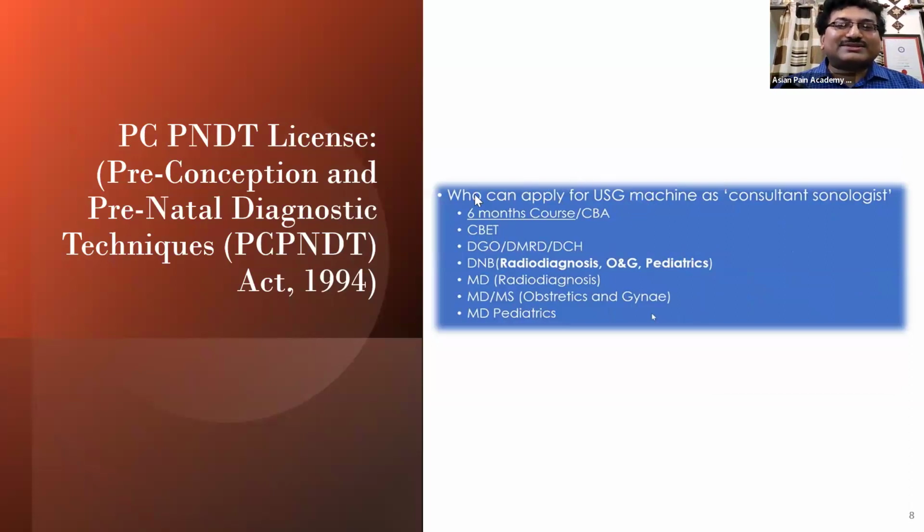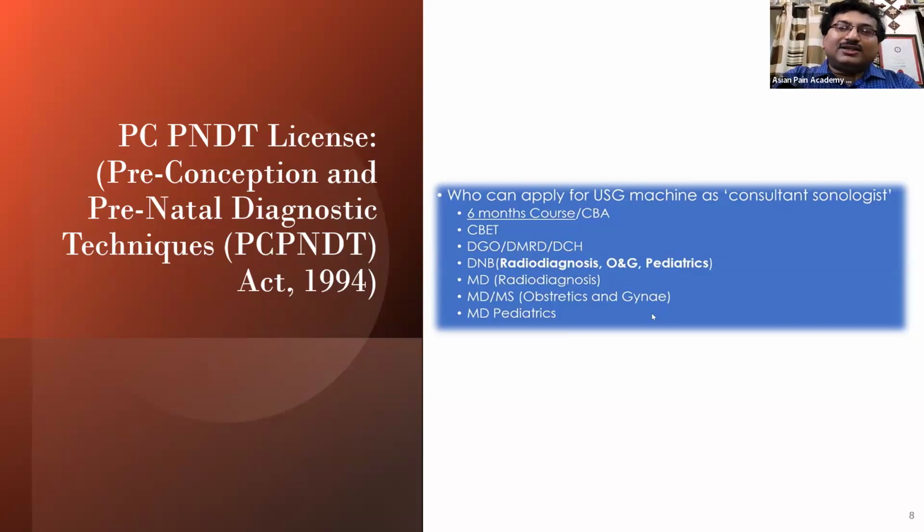There is a 6 months course under government regulation, the CBA course, and those who have completed that course and passed the CBAT, the competency-based assessment test, then all the degrees of gynecology, pediatrics, and obstetrics can take it in their own name. For us, we have to get hold of one. We usually need to keep a sonologist.